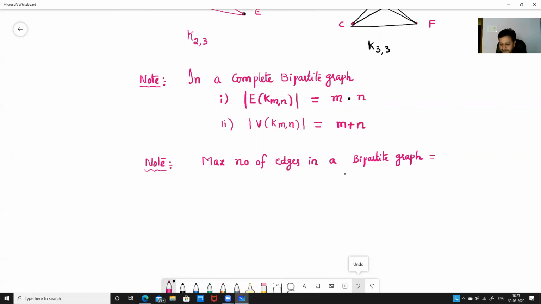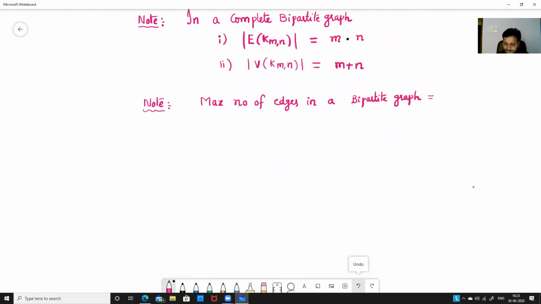Let me check a simple example. Suppose the graph is having five vertices. Okay. Whenever the graph is having five vertices, I can define a bipartite graph in several ways. The bipartite graph may look like this.